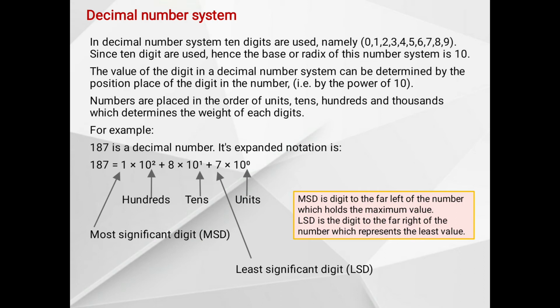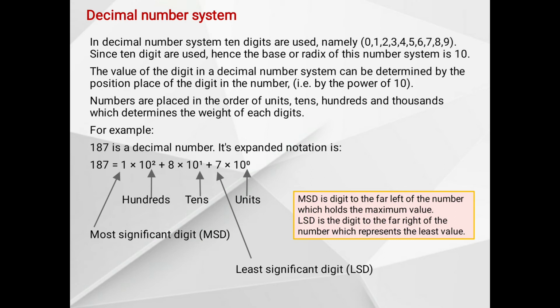This also determines the weight of each digit, that is, the place value of each digit. As written, the value of the digit is determined by its position in the number, by the power of 10.